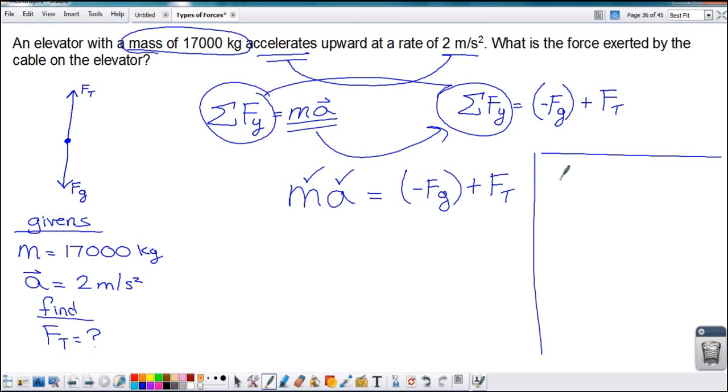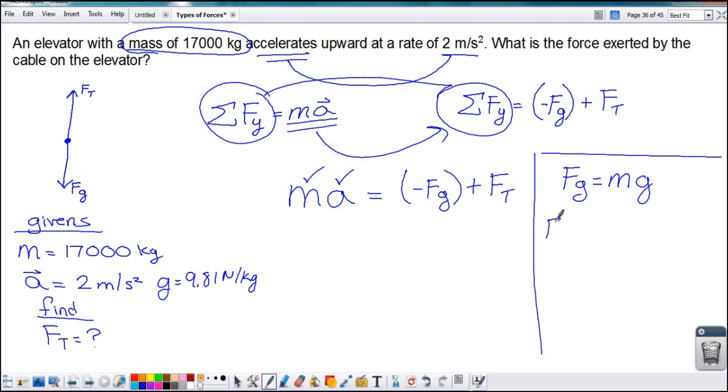Luckily, that's something that we've been doing for a little while, fairly simple. The gravitational force is the mass times the gravitational field constant, 9.81 newtons per kilogram. So we can go ahead, substitute in over here, and solve.